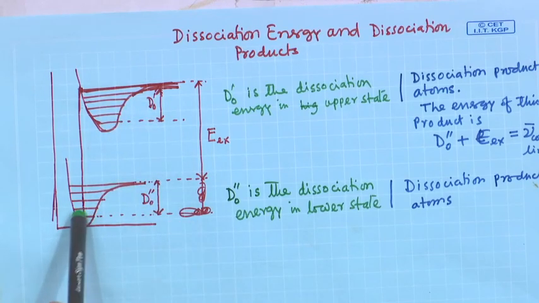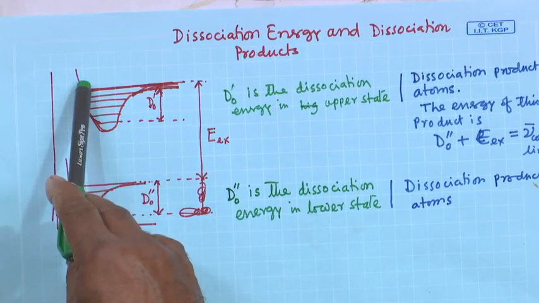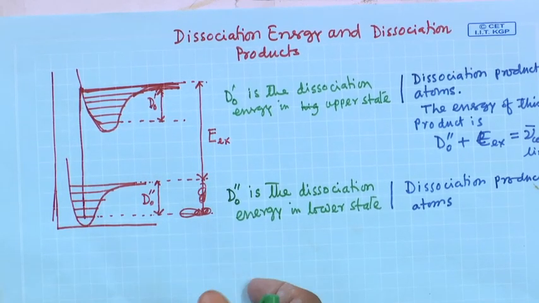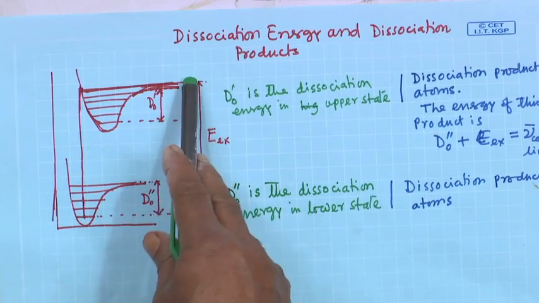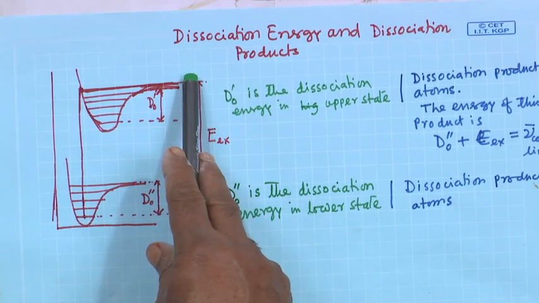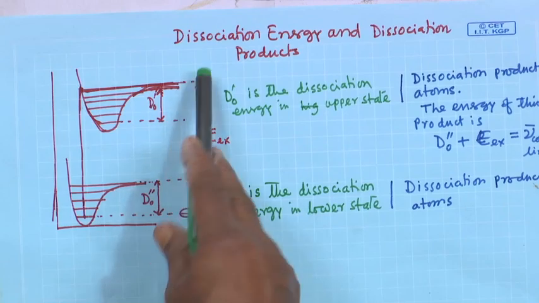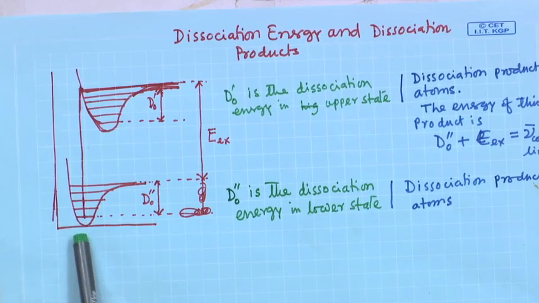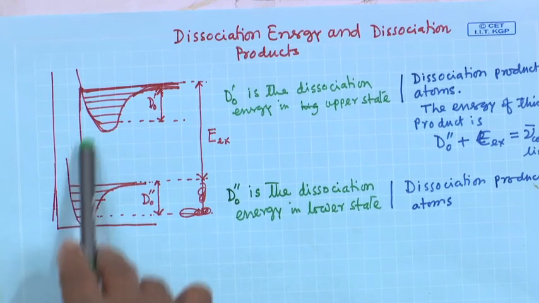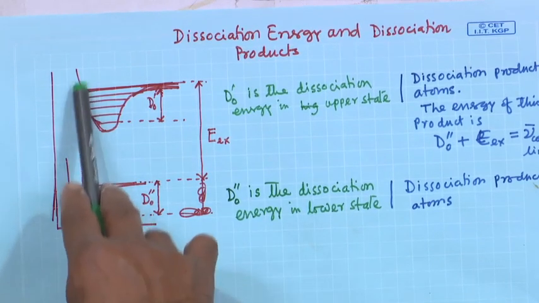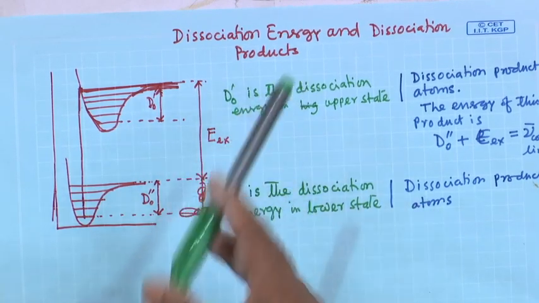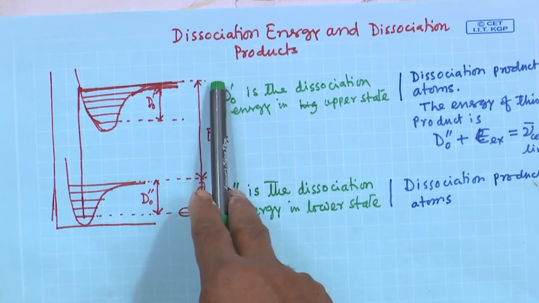So, from this state it is coming here. That means it will dissociate in the excited electronic state, coming from the ground electronic state as well as the ground vibrational state. Then this will be the total energy required to dissociate the molecule.